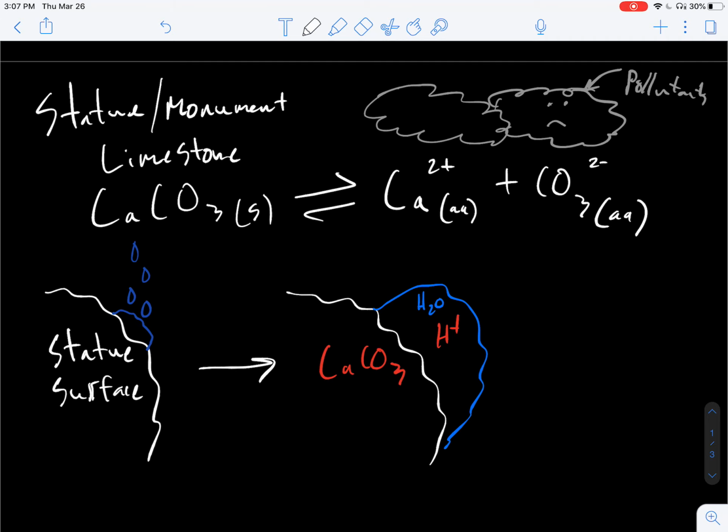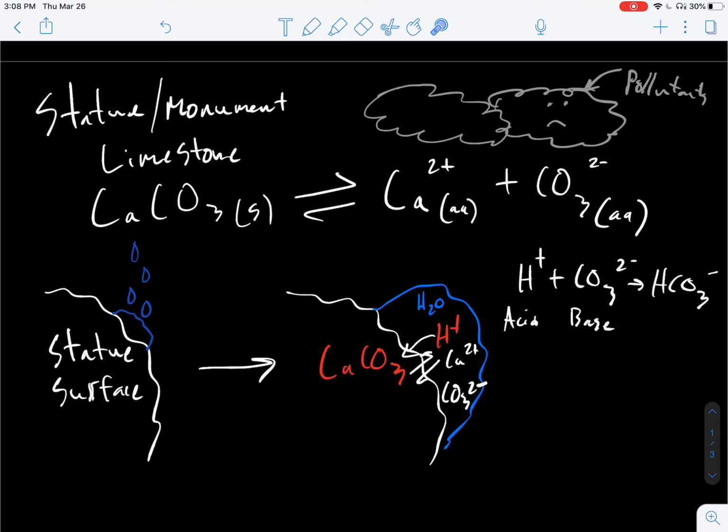So what happens if it comes in contact with our acid here? Now all of a sudden, H plus is involved in the equilibrium. So at the surface, this is an equilibrium, and H plus acid reacts with carbonate base. Even though there's not much dissolved there at the surface, the tiny bit that's there will react.